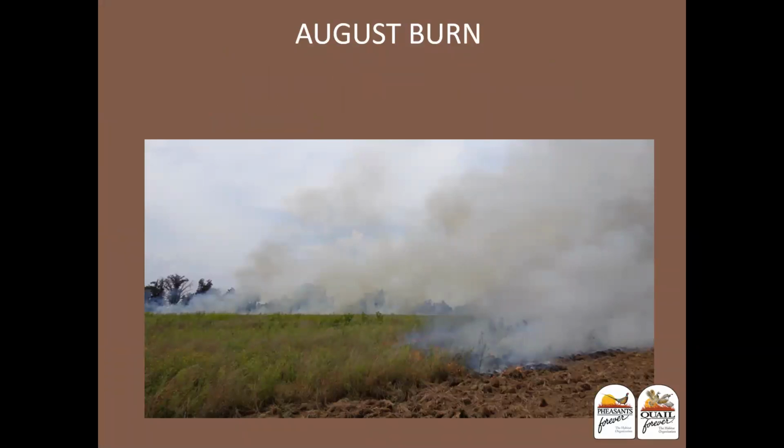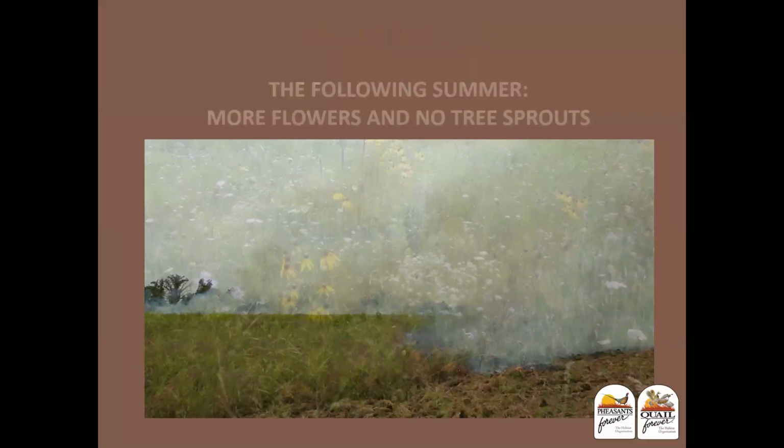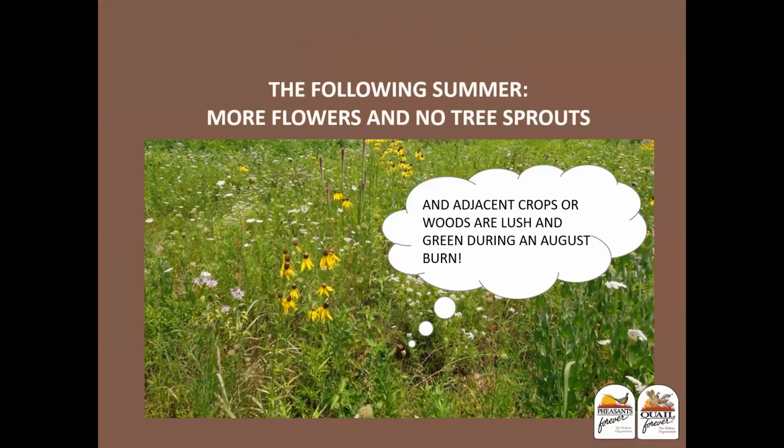So another picture here of an August burn with a nice good disc fire break. You can see that they are a lot smokier than your typical spring burns, just because you are evaporating out a lot more moisture through it. But it really comes through, and you can set back a lot of those aggressive grasses and bring in some more forb growth, as well as remove those tree sprouts.